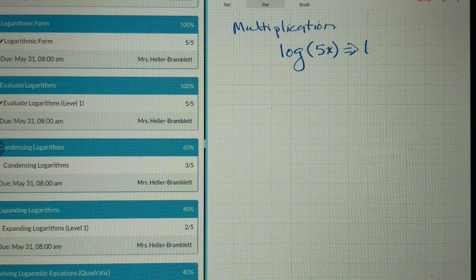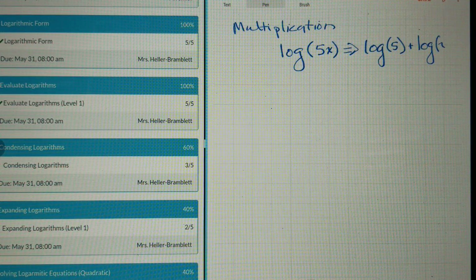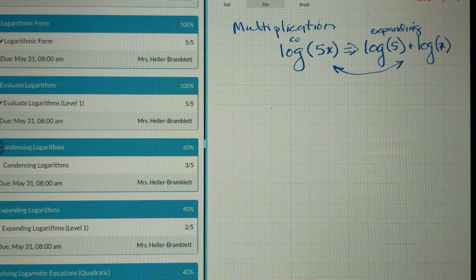So we are going to have log of 5 plus log of x. And this goes in both directions. If we have log 5 plus log of x, we can change it into log of 5x. So this is called expanding, and this side is condensing.